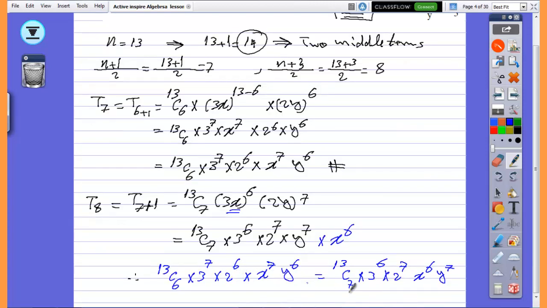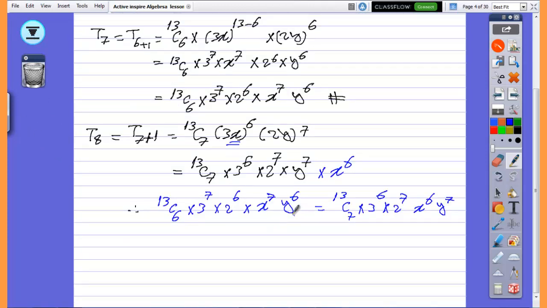Since the two middle terms are equal, now we can write x power 7 y power 6 divided by x power 6 y power 7 equals the result of this division.